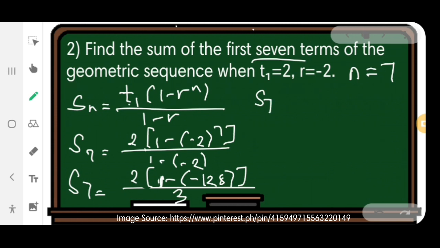So S sub 7 is equal to 2 times 1 minus negative 128, which is 129, over 3.